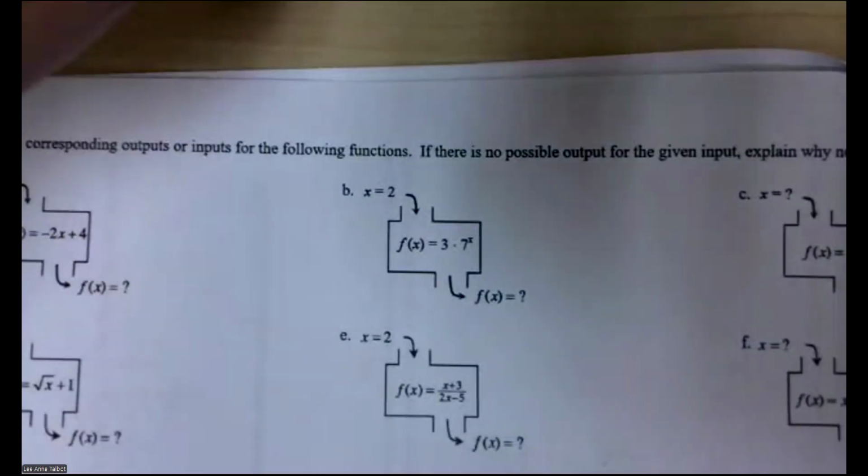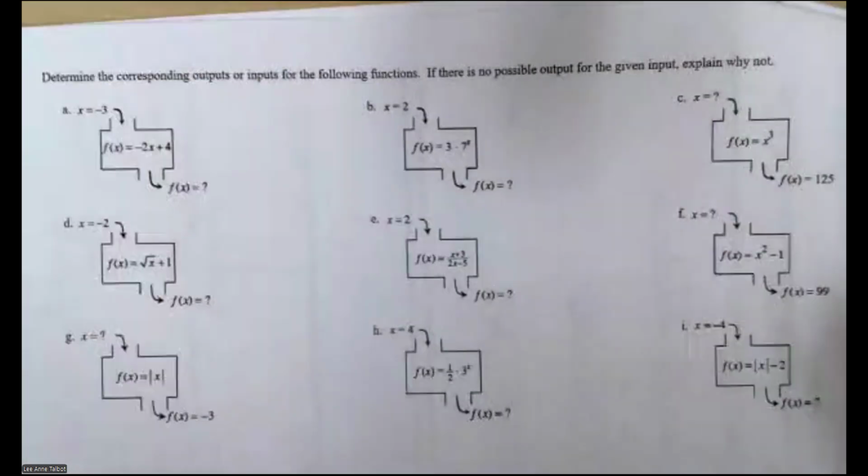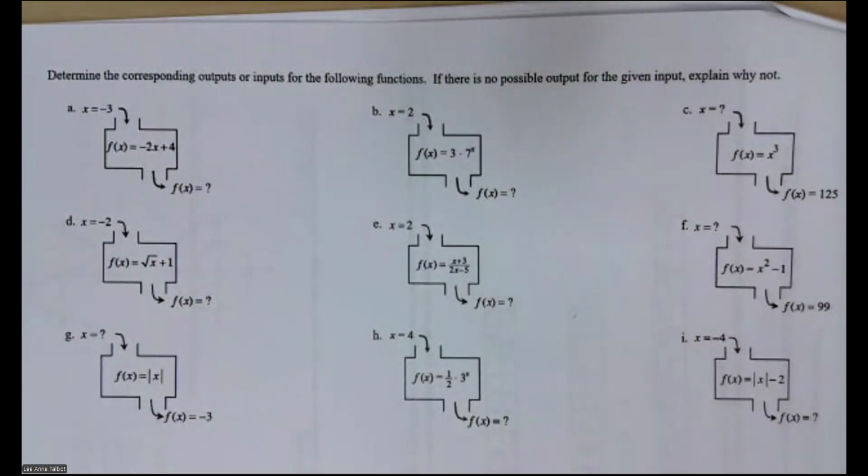The first thing I want you guys to do is to look at these, take 20 seconds and put an F next to the problem if it's a forward function machine, and put a B next to it if it's a backward function machine. So take a look at all of these. There's 9 of them. Identify which ones are the forwards and which ones are the backwards.